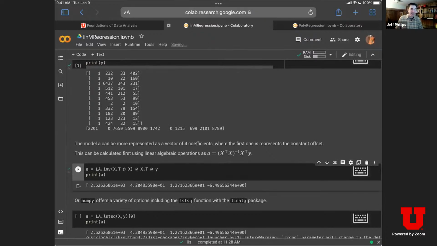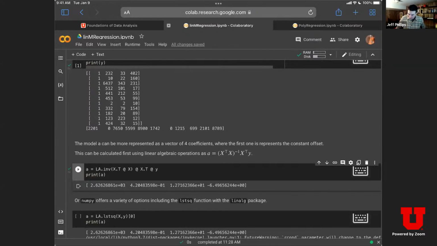Now I can compute the answer, called alpha. I called it a here. All I do is write the inverse, a function within the linear algebra package, of x transpose x times x transpose times y. I just write this one line here, and it outputs this answer a, which is the coefficients of the model.